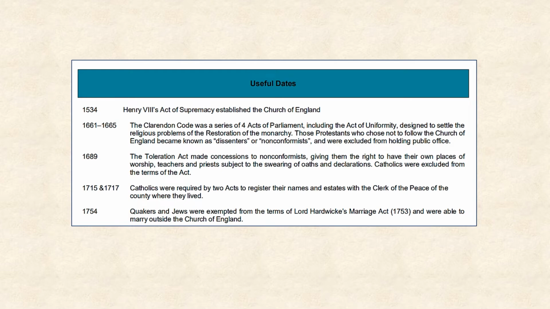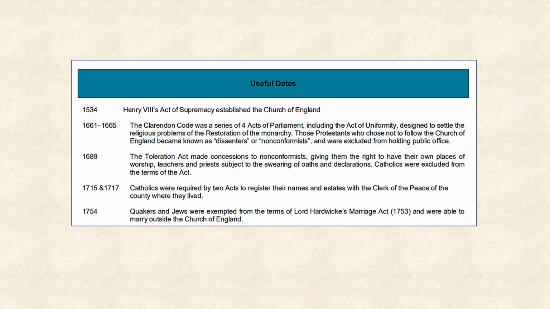It also goes on this useful Council Archive website handout to give us some key dates, and it helps me to think about who's on the throne. So Henry VIII really starts all the changes for his family history circumstances in 1534.